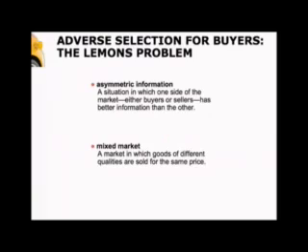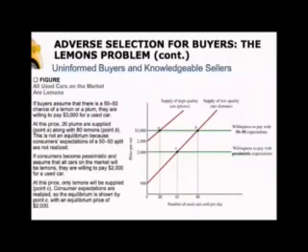Now let's look at what happens in a mixed market. Suppose we're talking about two different types of goods, a plum and a lemon, where plums are good and lemons are bad. What happens then? Well, we need to understand a little bit about our buyers. Suppose we're talking about a used car. If you got a good used car, you'd be willing to pay more if you knew it was a good used car.